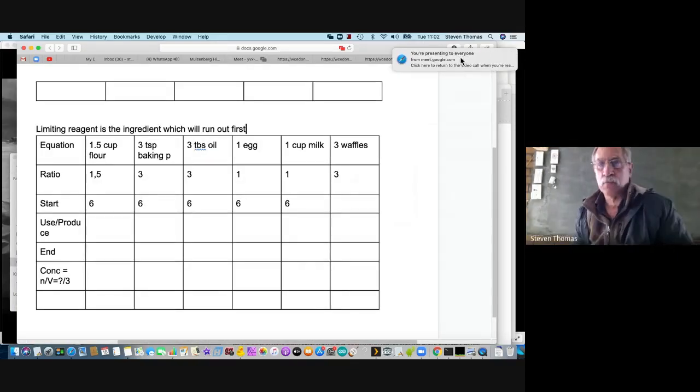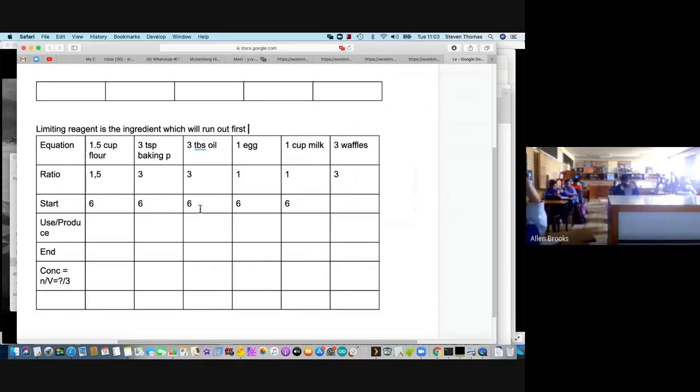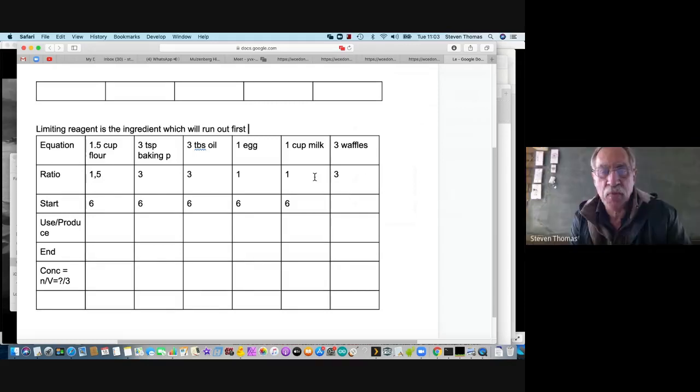Okay. So which ingredient will run out first? So to make 3 waffles, I've used that amount. So which ingredient looks the closest to running out?